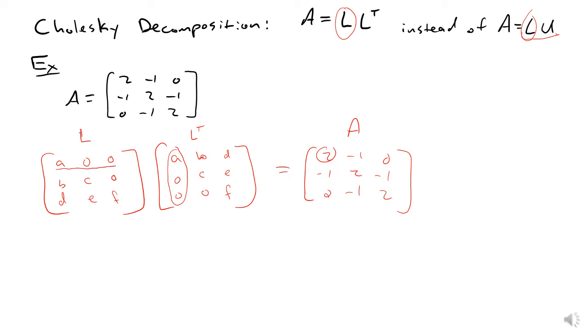In our matrix multiplication, we would be doing A squared plus 0 plus 0. Those should give me that first entry in matrix A. This should give me 2. All right, so right off the bat, we already know that A must be square root of 2. So let's go ahead and fill that in. A, now we know it, A is square root 2.